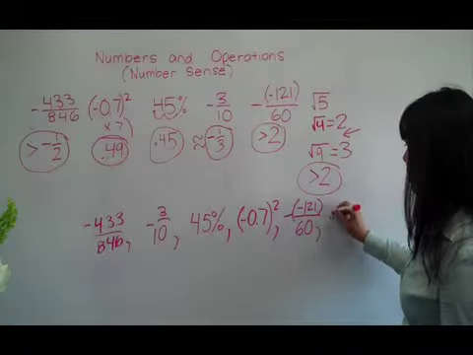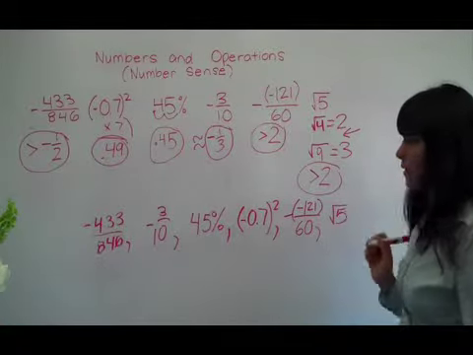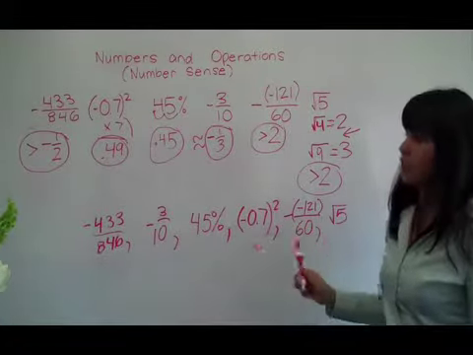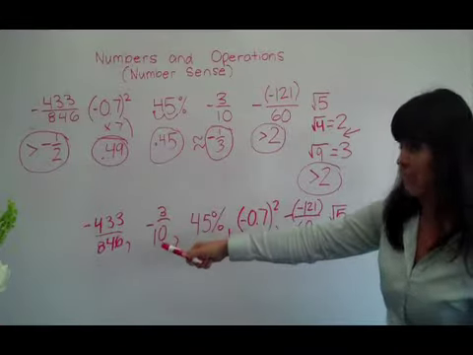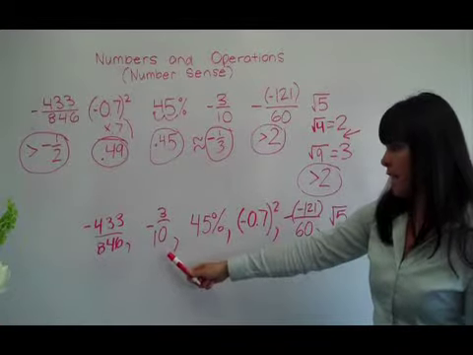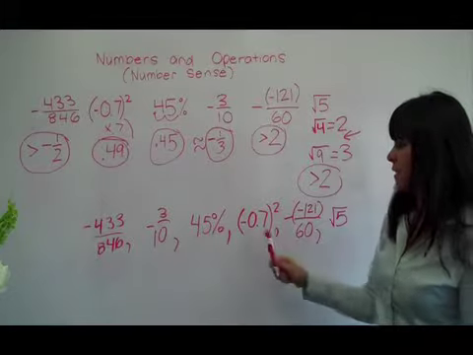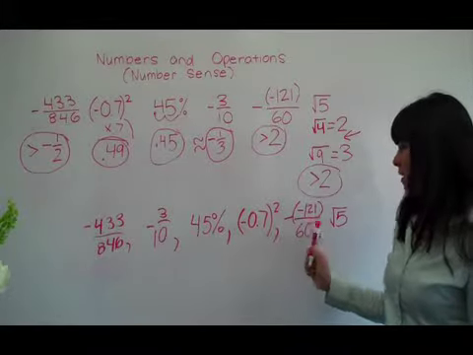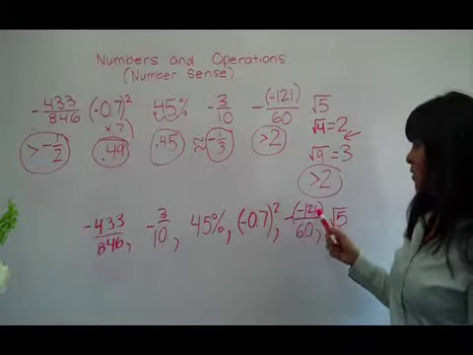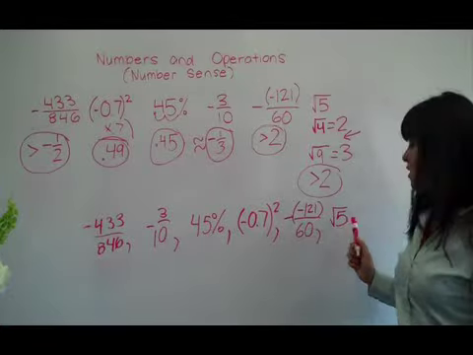And then the last one will be our square root of 5. So in order, the final answer is negative 433 over 846, negative 3 over 10, 45%, negative 0.7 squared, 121 over 60, and square root of 5.